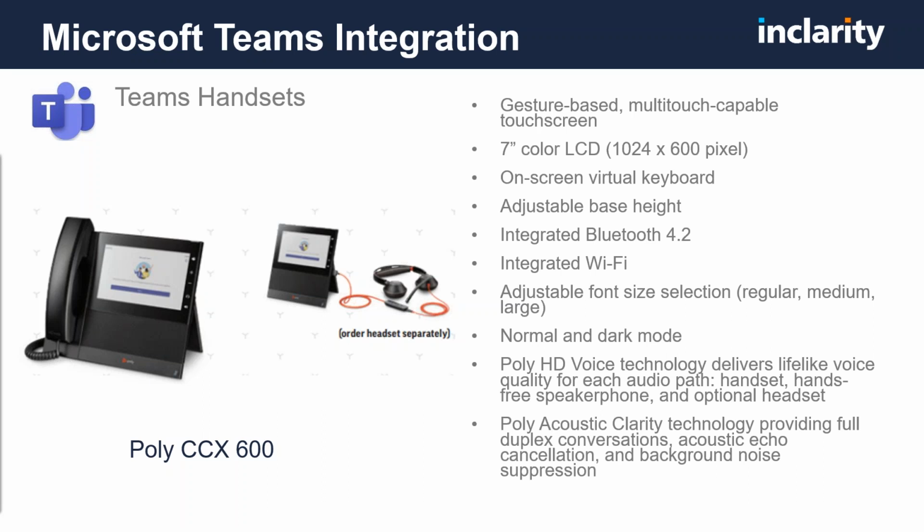It's a slightly bigger screen, which is a 7-inch color touchscreen, and again, it comes with your dial pad on there. It comes with your calendar integration as well, but it gives you a broader view of what's on screen. And this is more aimed towards your executive type levels.